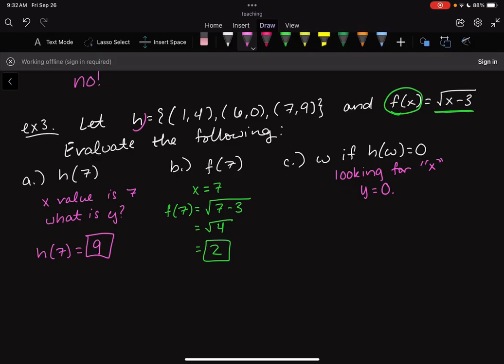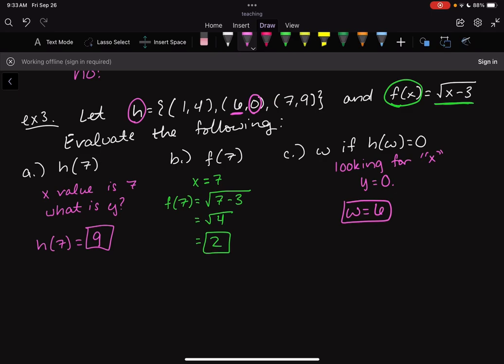So if I look at h, my y value is 0, my x that matches that is 6. So we would say w equals 6 for this one, because that's what it was looking for, w. And I just let it be any kind of letter. I didn't have to use w. I could have used smiley face if I wanted.